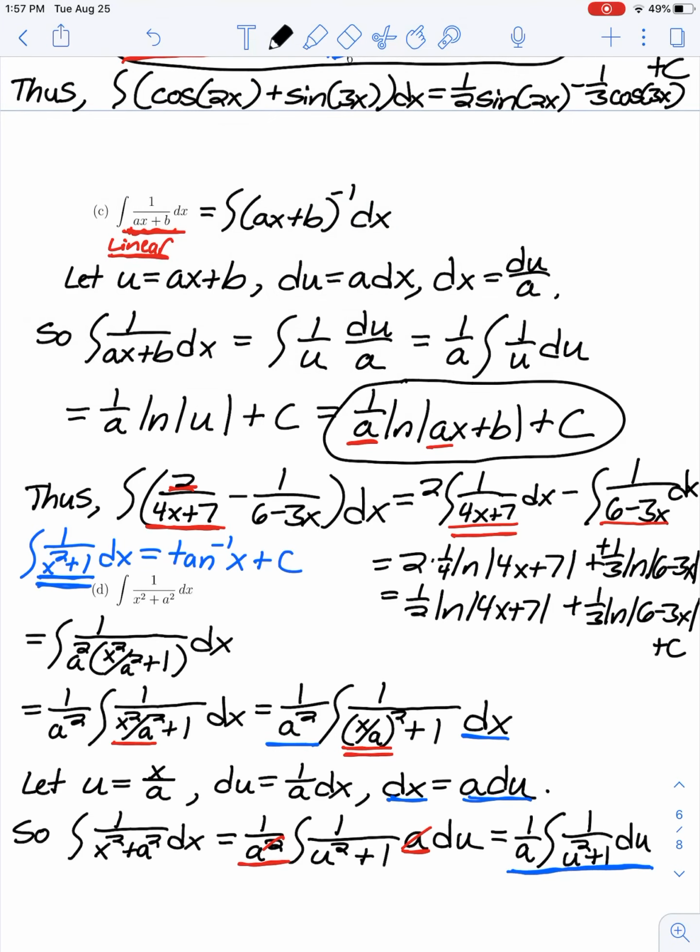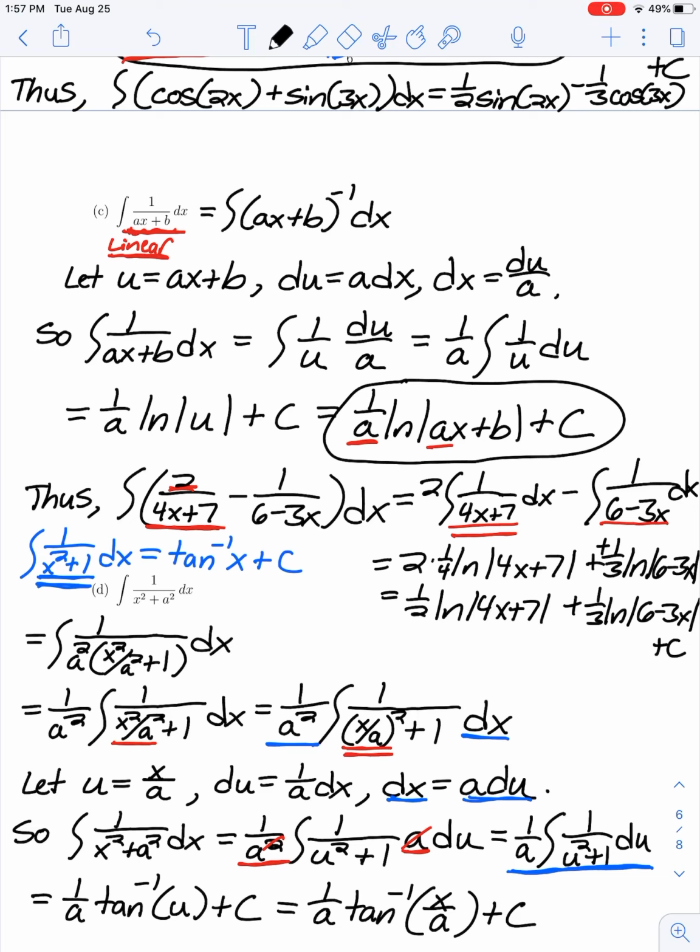So what we're left with is 1 over a times arctangent of u plus c, or 1 over a times arctangent of u, which was x over a, plus c. And this is a useful formula to have memorized for some integrals that will appear frequently later in the course.